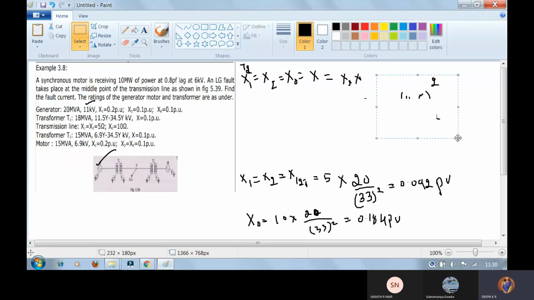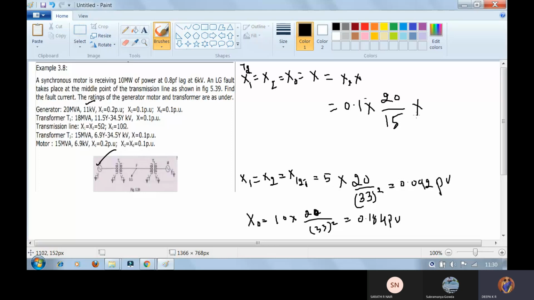What is that X1 value? The old value as per the problem is 0.1. So 0.1, and the new MVA here is 20. And the old MVA of the transformer is given as 15. So new KV and old KV. Old KV we need to write, again we are going for the LV side, 6.9 whole square.